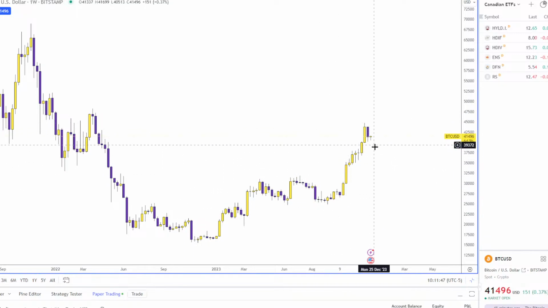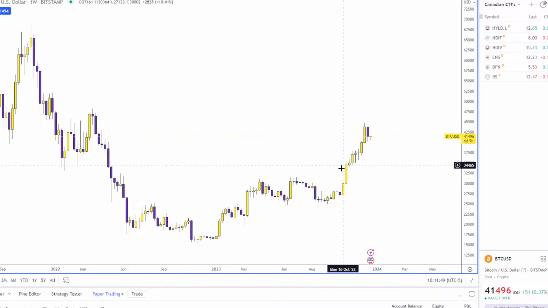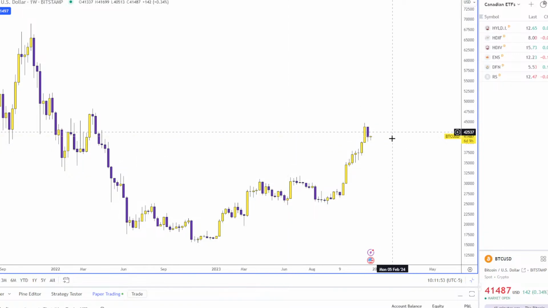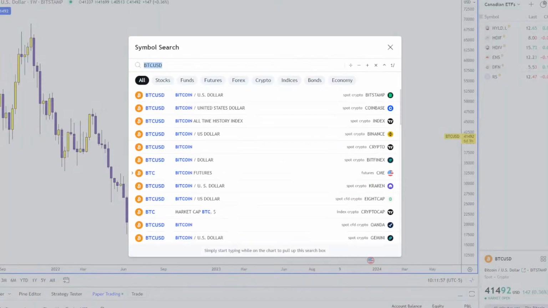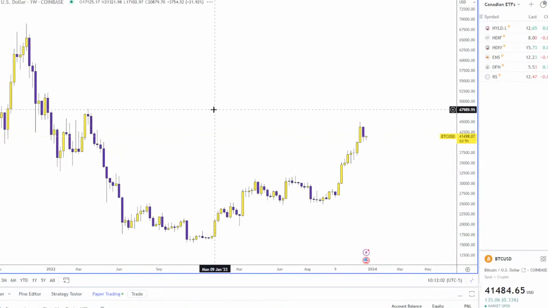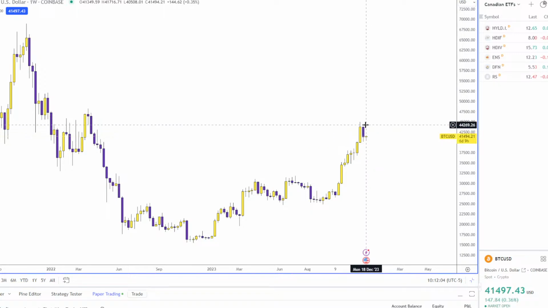And what's sitting at 50% or 62% right in here? Old highs, inversion, fair value gaps, all that kind of stuff. So that's not Bitcoin. It is Bitcoin. There we go. Same thing. $44,000.